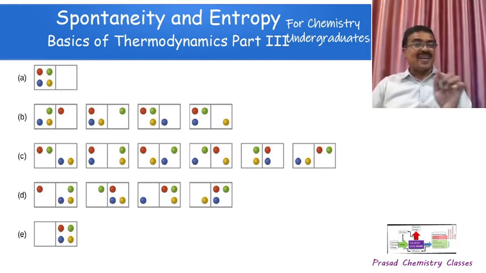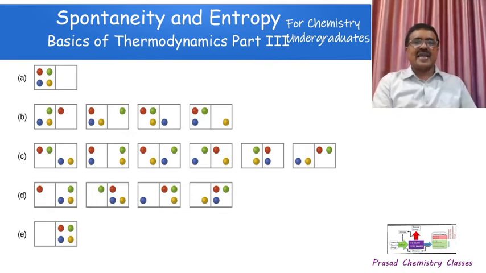Don't worry about the color. If color is also taken into consideration, there will be other permutations as well. Color is for us only, not for the system, to distinguish only. So you can see that this arrangement can be attained in more number of ways.